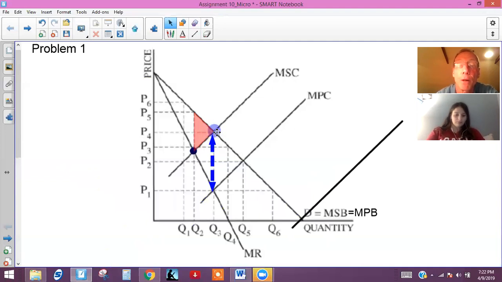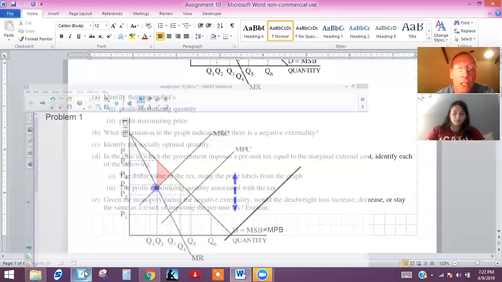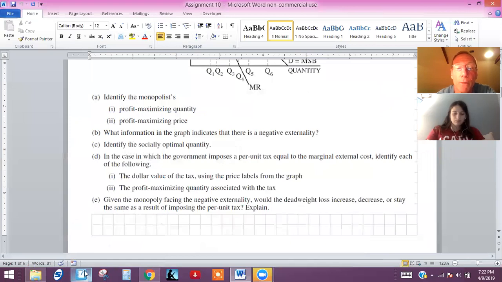However, because of the tax, they're going to produce where the new marginal cost curve right here equals marginal revenue, which drops them back to here, which means now we're going to have a deadweight loss. So the answer is that deadweight loss as a result of the tax will increase from a 0 to whatever that was, okay?